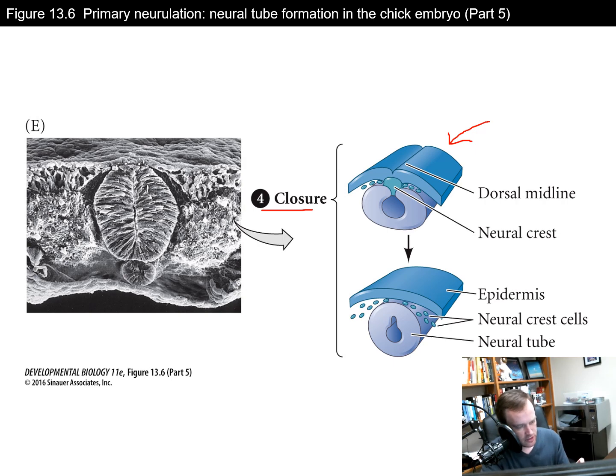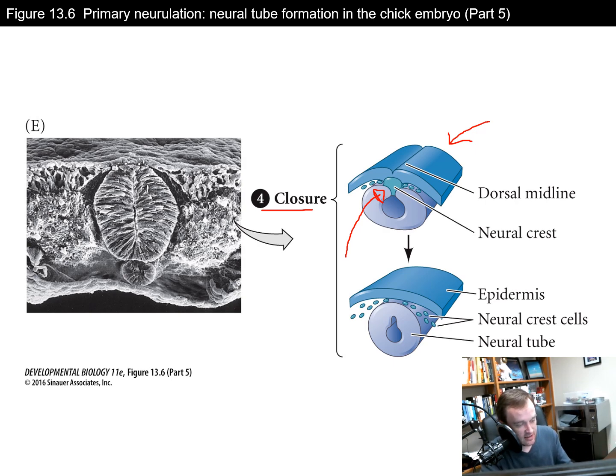And if we look at the previous slides, there was this light blue region that was connecting the neural plate and the neural folds, and that's the neural crest. These cells are just kind of the connector between those when we're still one solid piece of epidermis. But once the neural tube is formed, those neural crest cells will leave, they'll disperse.